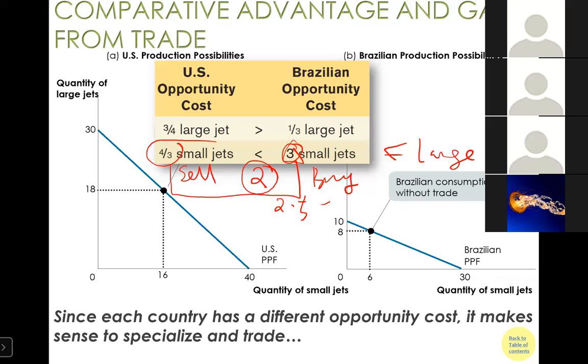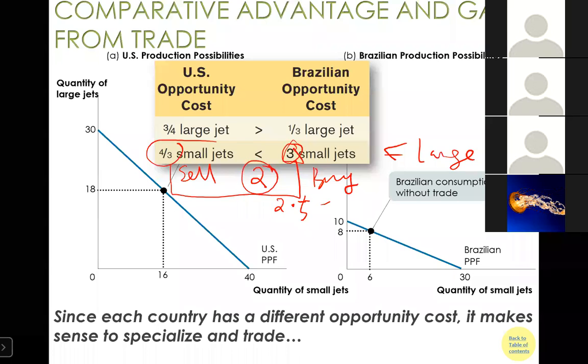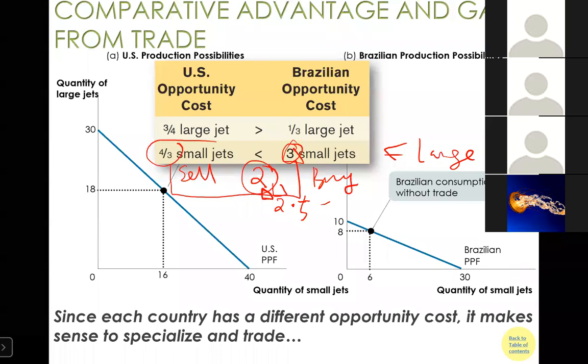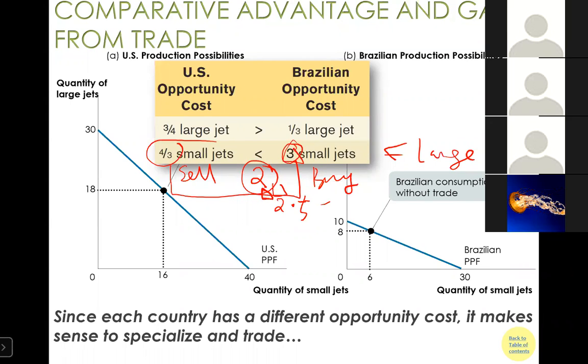Because 2.5 makes American gain more but Brazilian gain less. Now the question is, how are we going to know which price is going to be determined? The answer to that question is a little bit beyond the discussion of economics.